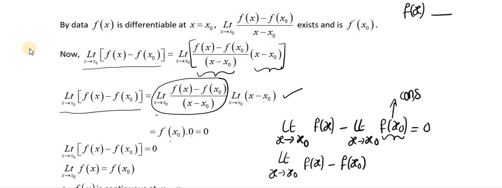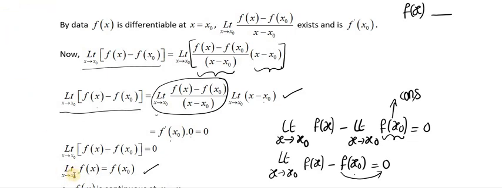The limit of a constant is the constant only. In the next step, this negative quantity goes to the RHS side. Then we are going to get f of x naught.